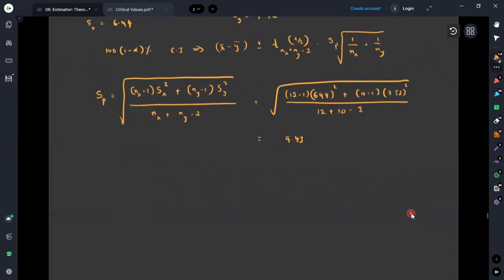Now we need to obtain the critical value, t with nx plus ny minus 2 degrees of freedom at alpha over 2.